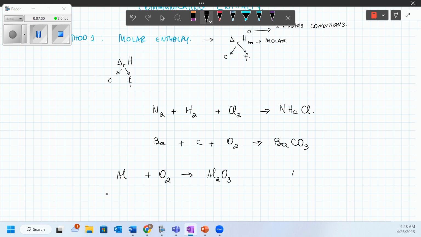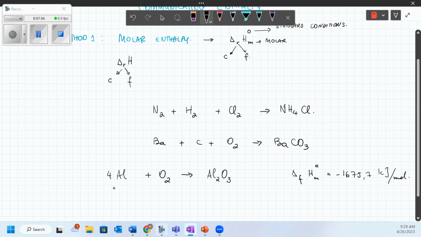And the molar enthalpy of formation in standard conditions is negative 1,675.7 kilojoules per mole. Let's balance this reaction.